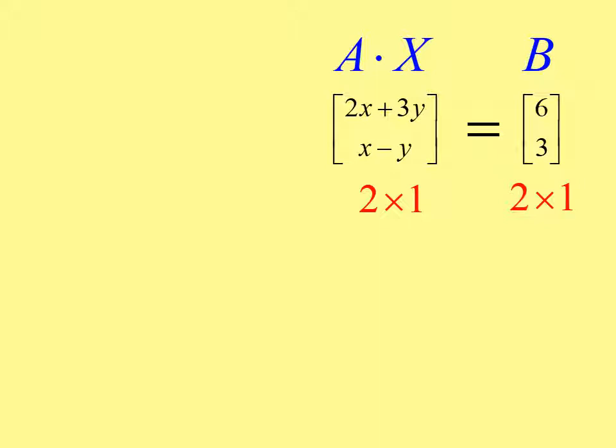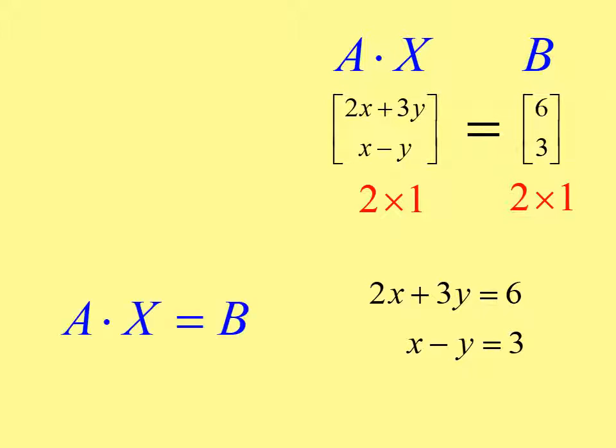Now the only way that matrices can be equal to each other is for the first components to be equal and the second components to be equal. Now if you look at the bottom, that should look familiar. Back earlier in chapter 4 we did systems of linear equations, and this is what they look like. So the matrix stuff that I was showing you is nothing more than this system of equations.